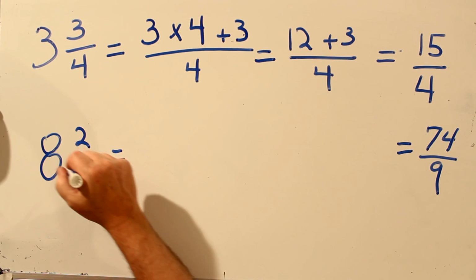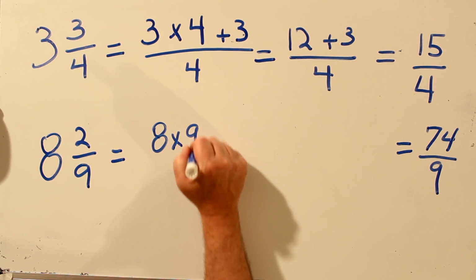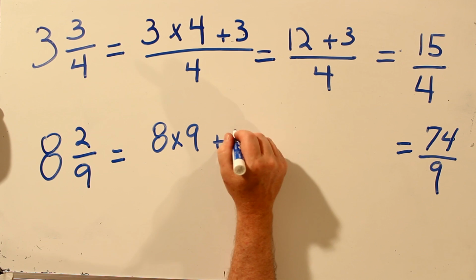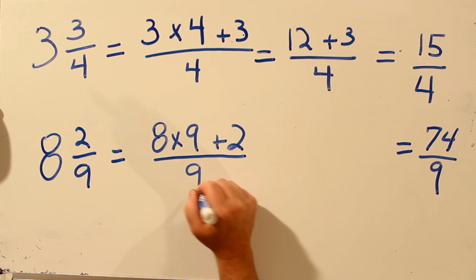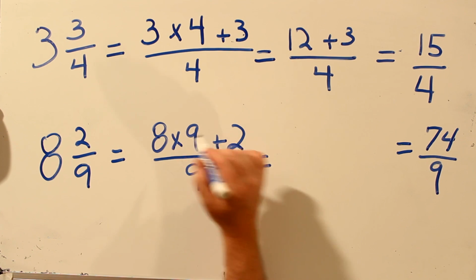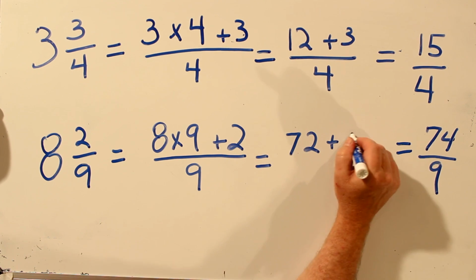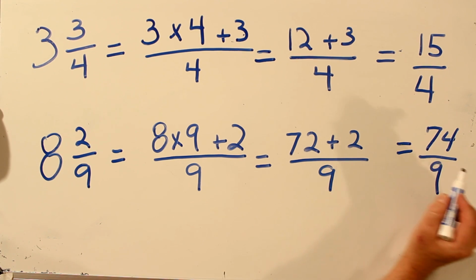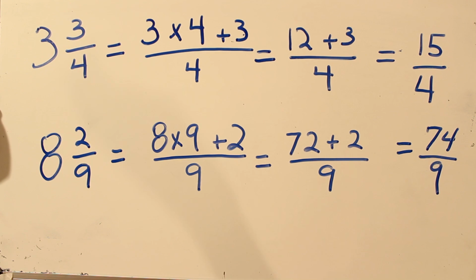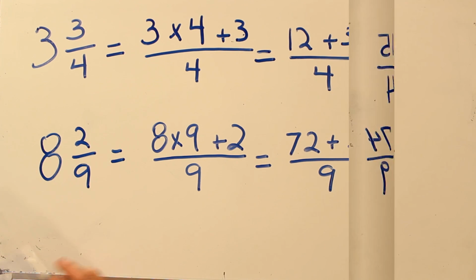Well, we'll multiply whole number times bottom number first, add the top number, and put it all over the bottom number. 8 times 9 is 72, plus 2, all over 9. 72 plus 2, 74, over 9, 74/9. And that's how we convert from 8 2/9 to 74/9.